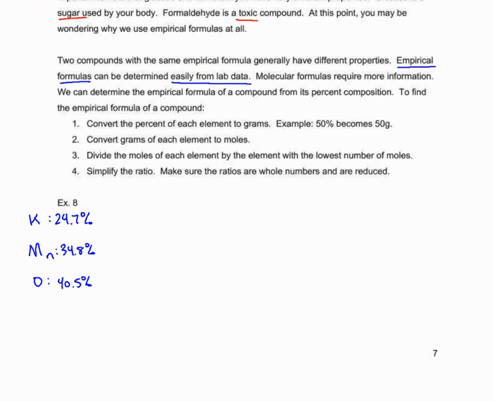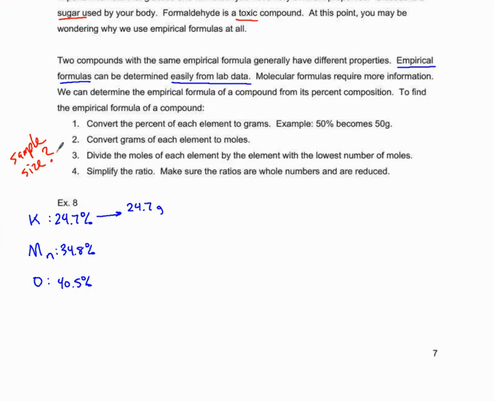So here's what we do. Step 1 says convert the percent of each element to grams. So what I'm going to do here is take this 24.7%, and I'm just going to say that we have 24.7 grams. And here's how we can do this. This is a side note. So we don't know the sample size. It's a question mark.